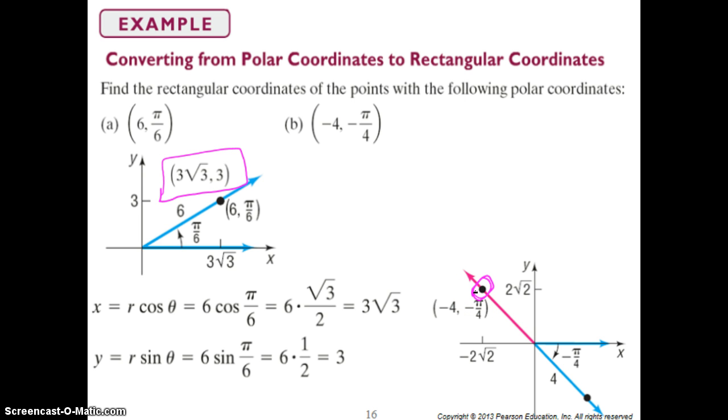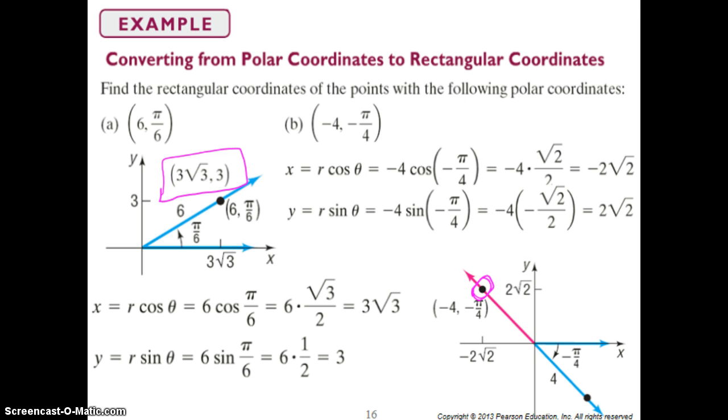If we take that point, negative 4, negative pi over 4, and plug that into our formulas, x equals r cosine theta, and we use negative 4 for our r and negative pi over 4 for theta, we end up with negative 2 root 2, which is a negative x value, which makes sense for quadrant 2.